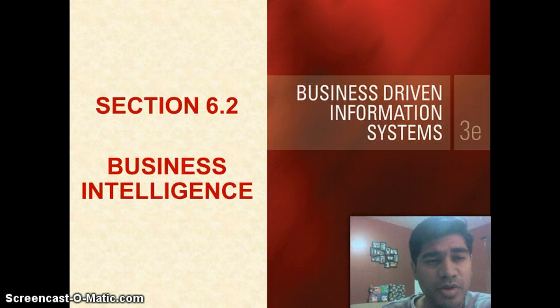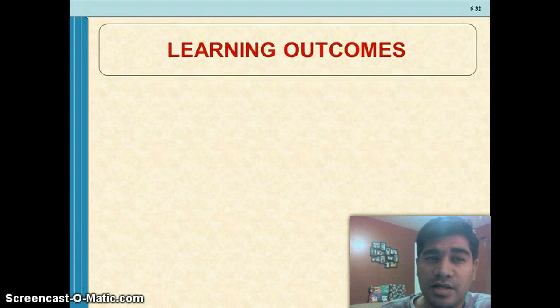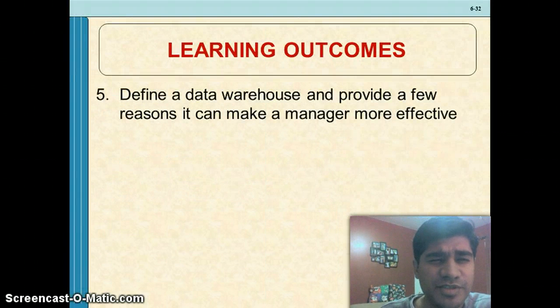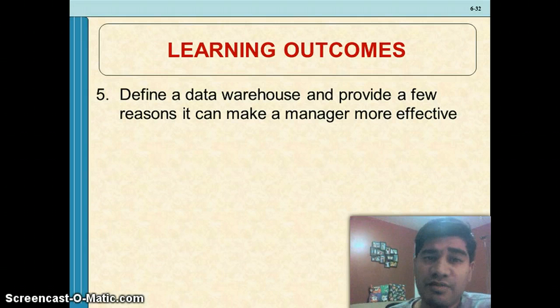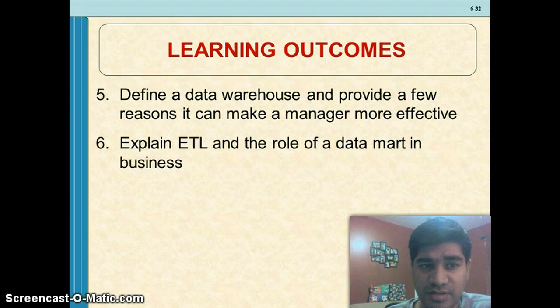So, what I'm going to be talking about is business intelligence and some of the learning outcomes I'm hoping you should have after we are done with this session: to define what a data warehouse is and to get some reasons why it can make more effective use of information for a manager.